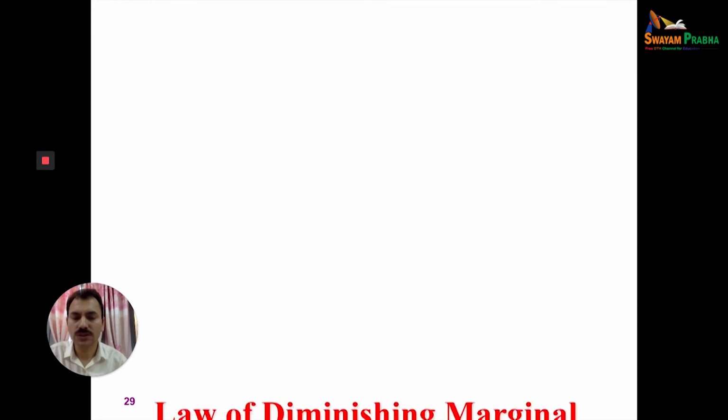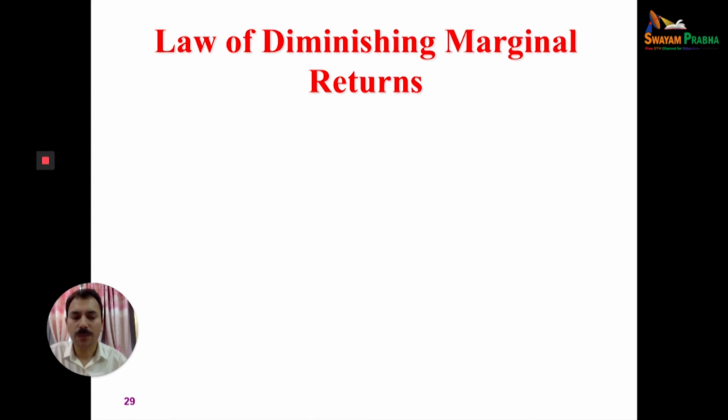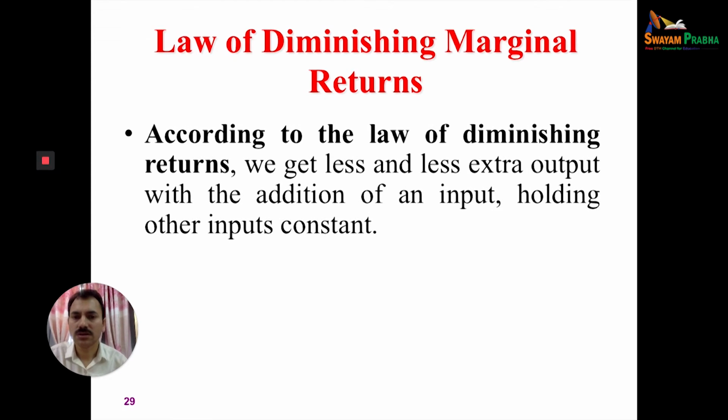Classical economists call this the law of diminishing marginal return. The law of diminishing marginal return means we get less and less extra output with the addition of an input, holding other inputs constant. According to the law of diminishing return, returns start diminishing.